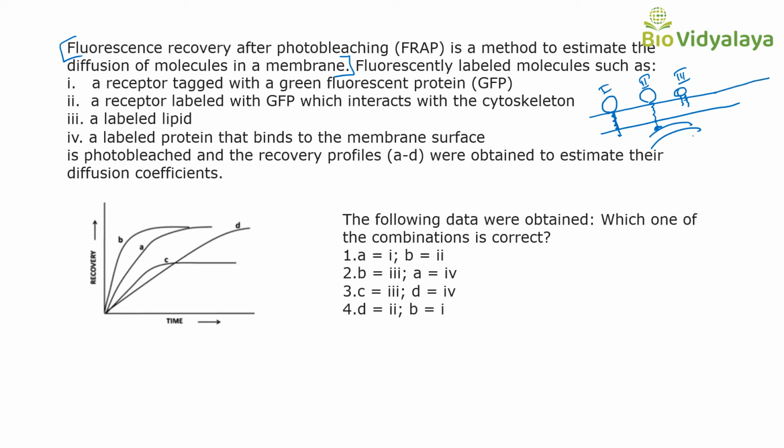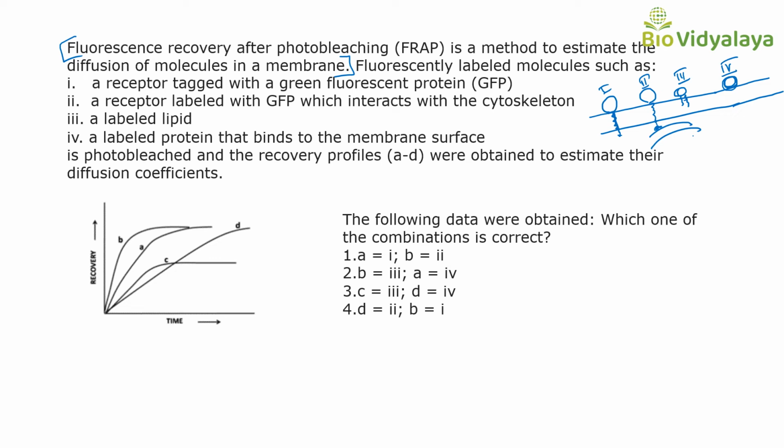And the fourth one, a labeled protein that binds to the membrane surface. So these proteins are also easy to move. They are membrane surface proteins. Okay, so let's see the graph. Here in this graph, B, A, D, C is given.